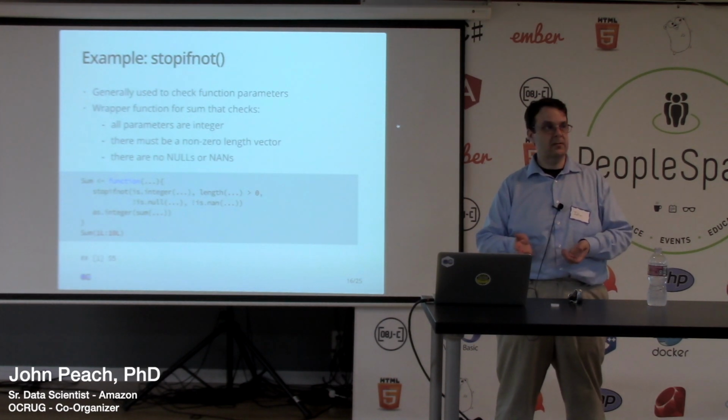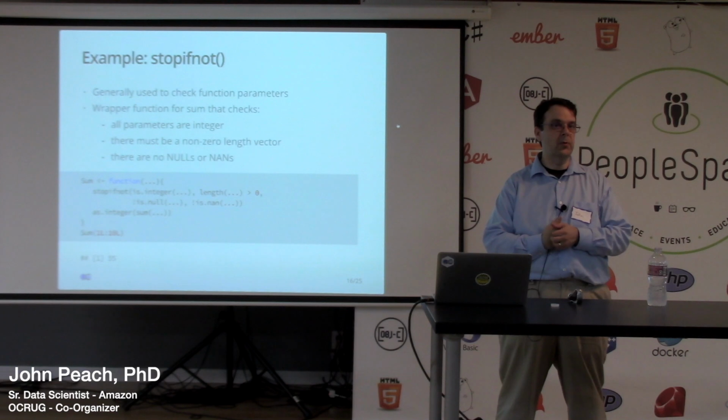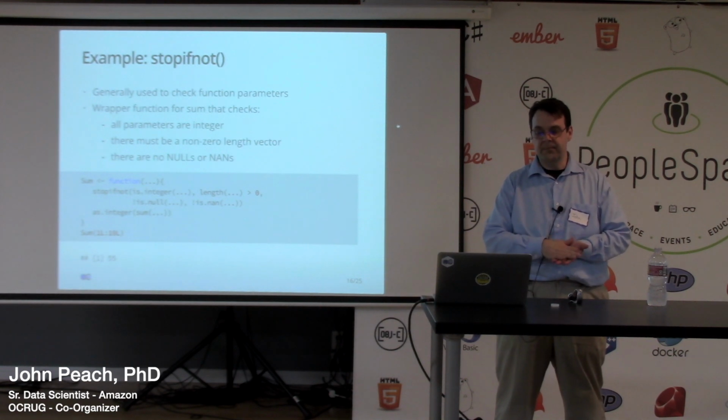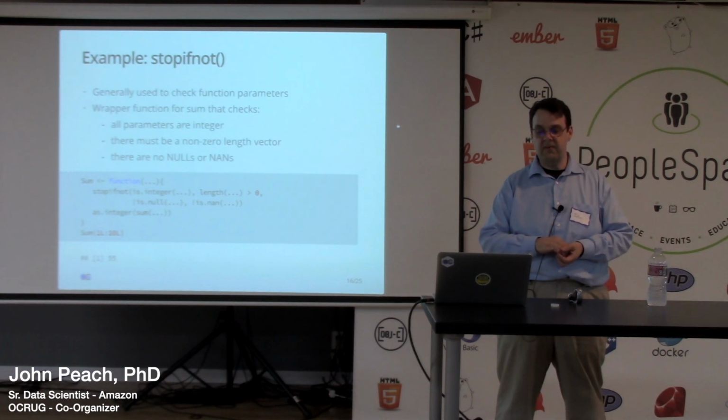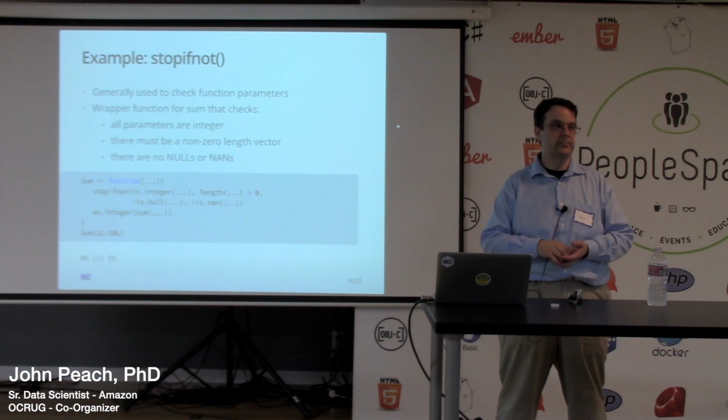The length is greater than 0, right? So don't hand me an empty integer list because I don't know how to handle that because I can't sum that. Error if is null, or if there's not a number in that because I can't sum not numbers. And if it passes that, then I just call sum and return back an integer.